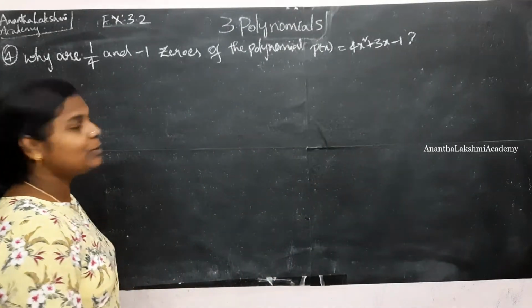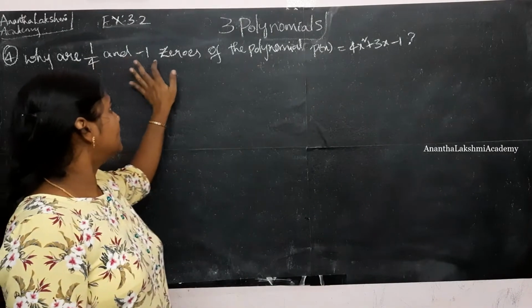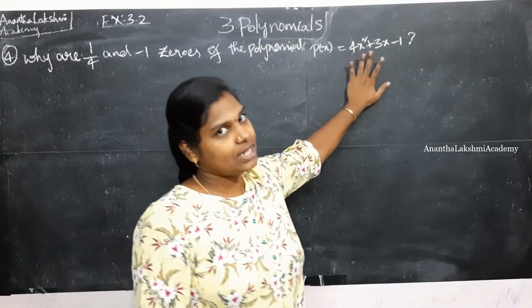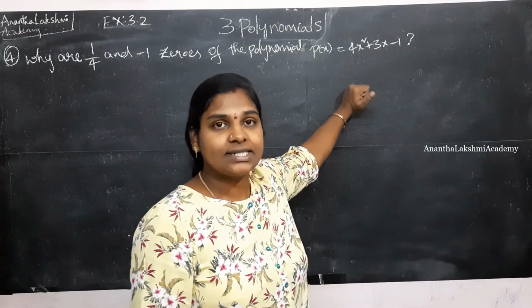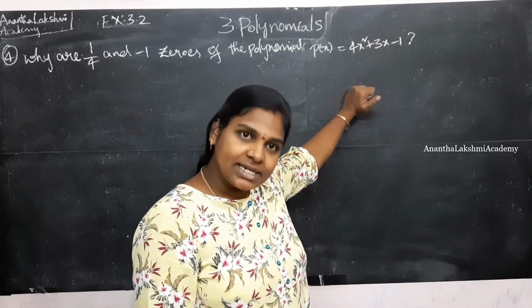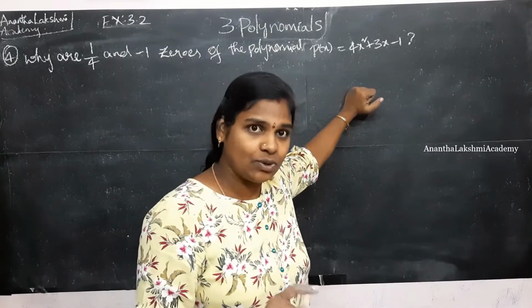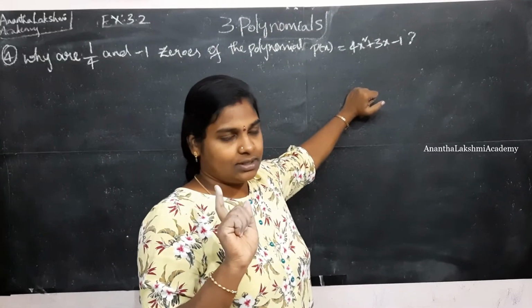So the fourth problem in exercise 3.2 is: show that 1 by 4 and minus 1 are zeros of the polynomial p of x is equal to 4x square plus 3x minus 1. So how do we prove that a particular value of x is a zero of a polynomial? By substituting that particular value, if we are getting p of x as 0, then the value is said to be a zero of the polynomial.